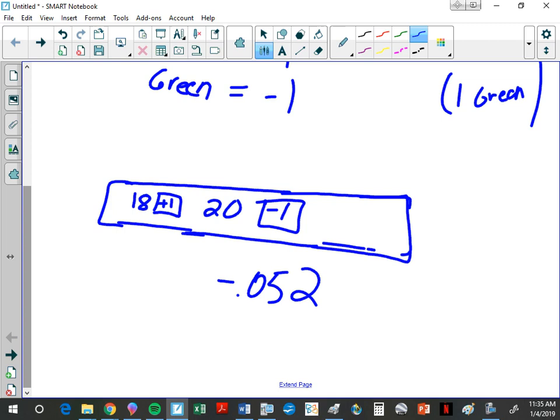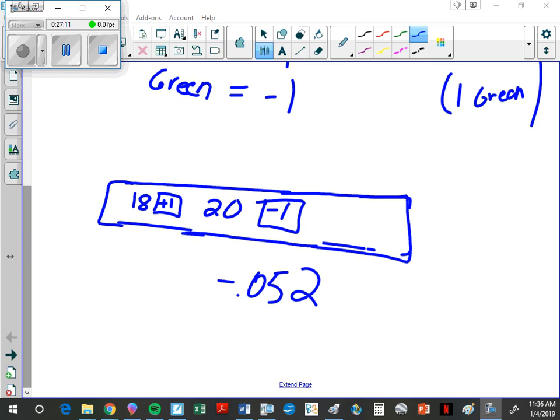So if we played American roulette 10,500 times, I'm going to take 0.052 and times it by 10,500, we would lose $552.